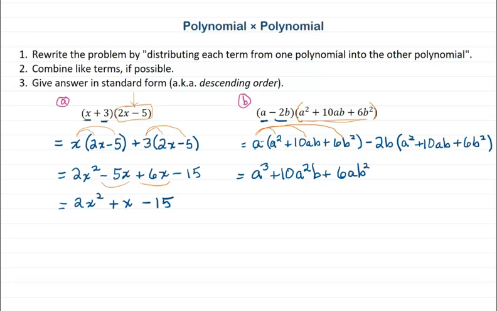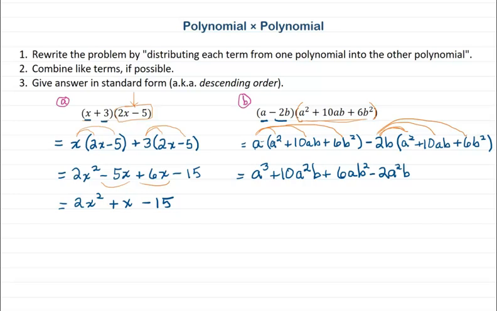Okay, so now we're going to work on that minus 2b being distributed here. So we're going to have 3 things as a result of that one. So minus 2b, or negative 2b times a squared. So it's going to be negative 2, and we're going to put the variables in alphabetical order. So we'll have that a squared, and we'll have b. So now negative 2b times 10ab.